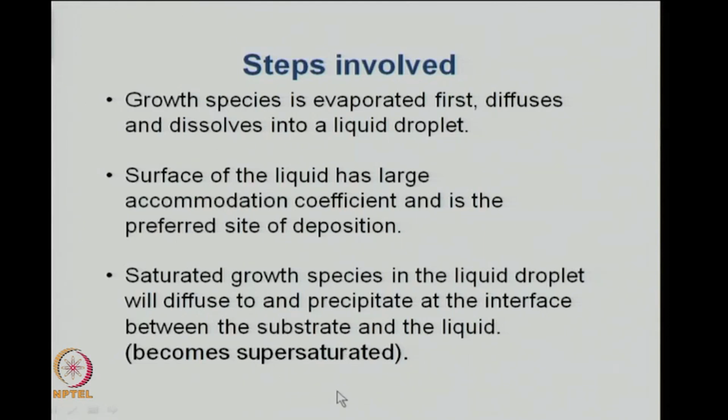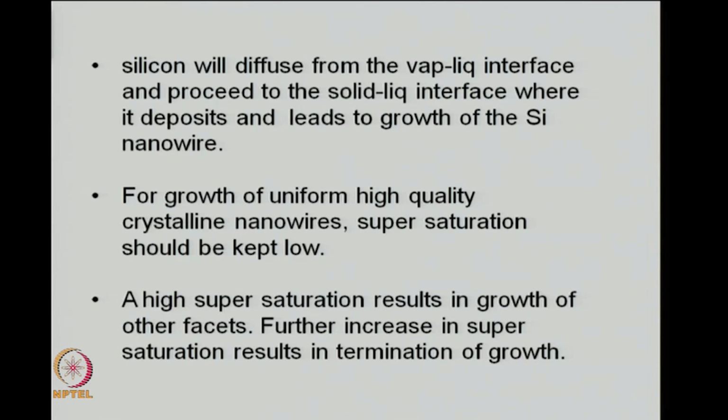So, this is when it becomes supersaturated, that is when the precipitation occurs. So, this step is very important, and how you saturate the growth species by changing the equilibrium vapor pressure, you enhance the solubility, you enhance the saturation, and you force the diffusion to occur towards the liquid solid interface, and then that forces the precipitation and then the growth of the nanostructure.